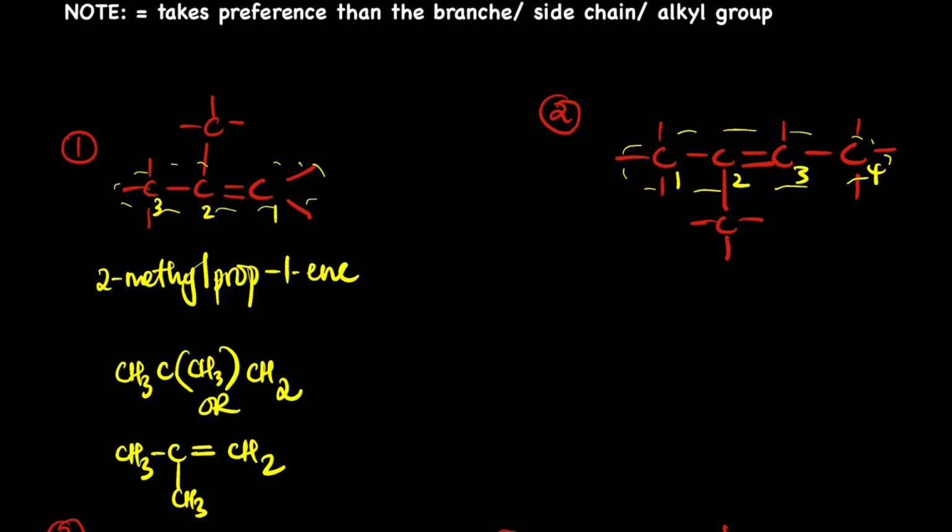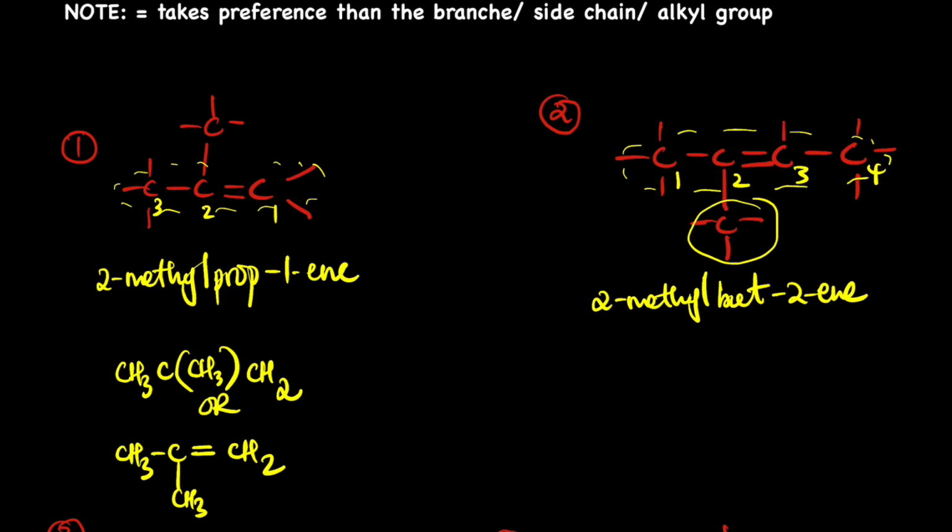So again, when we name the branched alkene, we start with the branch. We have a methyl in carbon 2, so it's 2-methyl, and this is 4, so it's but. And then where's the double bond? It's in carbon 2, so 2-ene. Right?